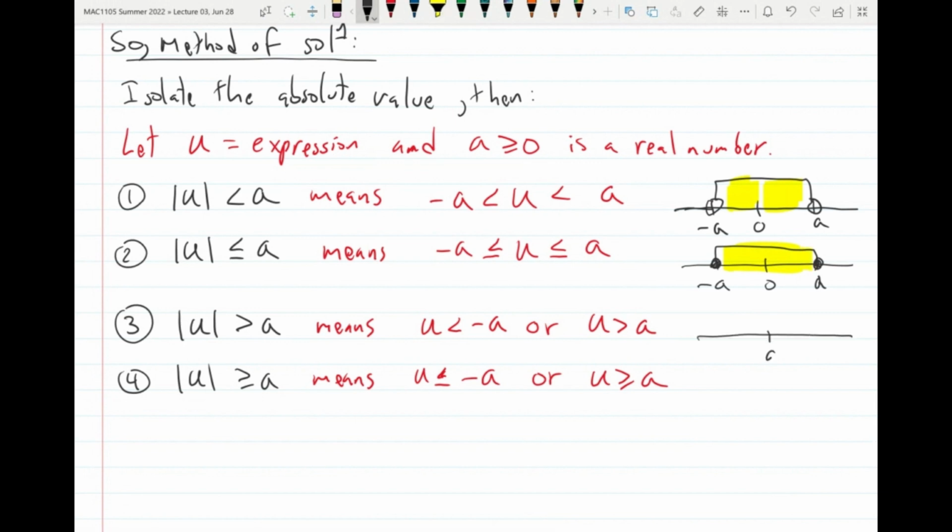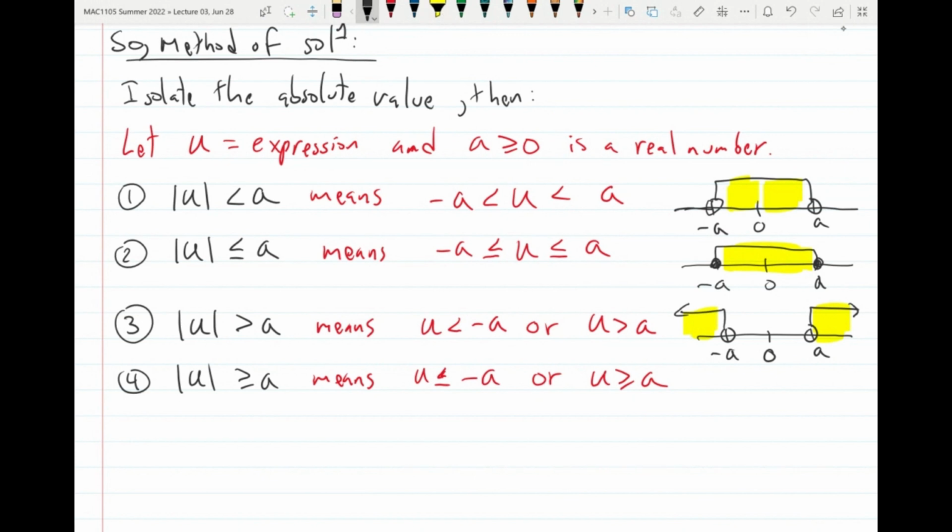Over here, because you want absolute value to be greater than a, now you have to avoid the previous regions. This time you have to be here or here, because you want the distance from 0 to be more than this number. So you will be either to the right or to the left of the negative version, so that the distance becomes big.